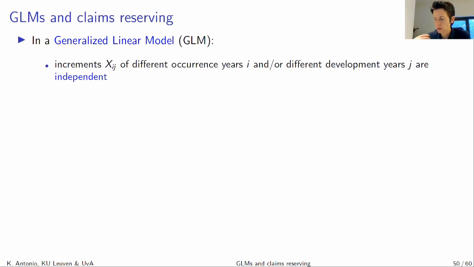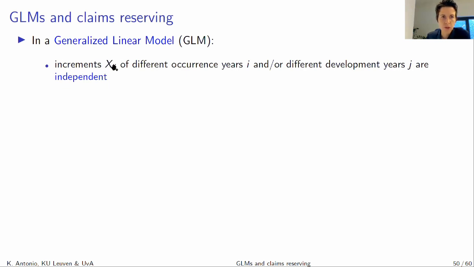The reason we do that is, of course, because in a generalized linear model, when we build up the likelihood, we take the product over the contributions of the individual observations, and we're assuming there that we have independent observations. That's how we put the likelihood together.